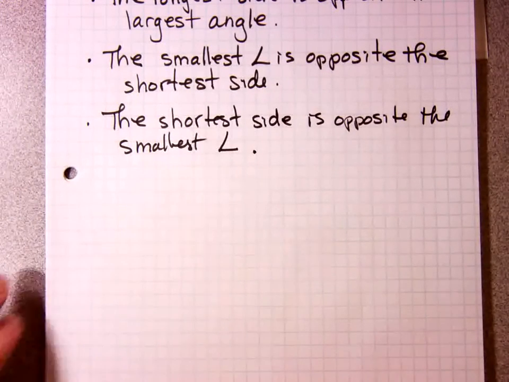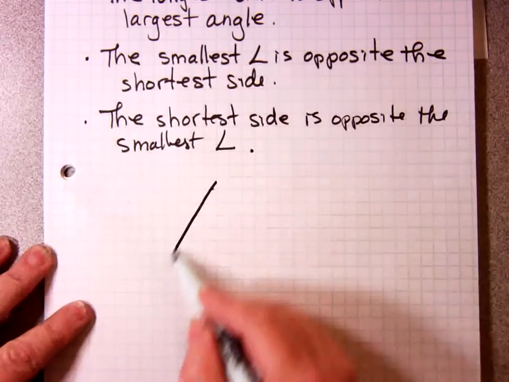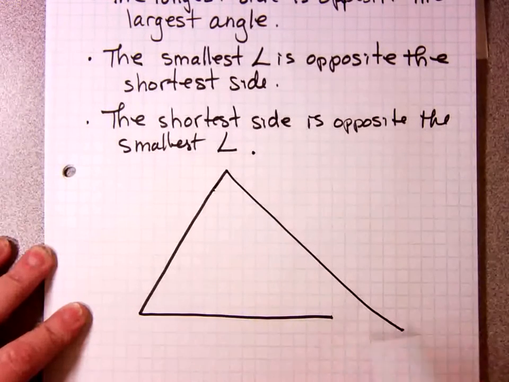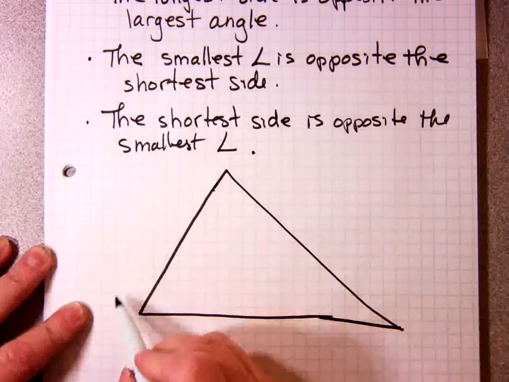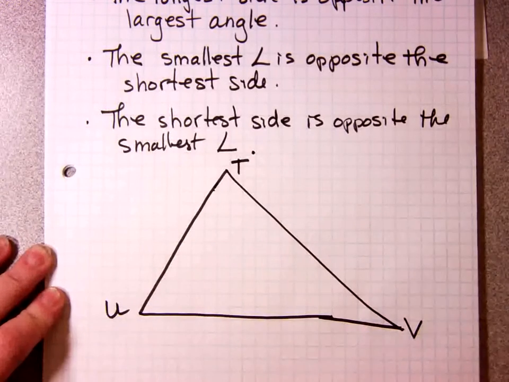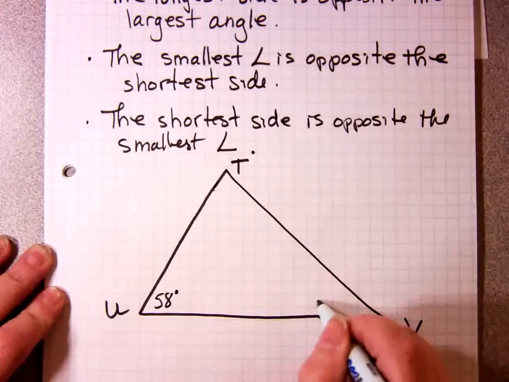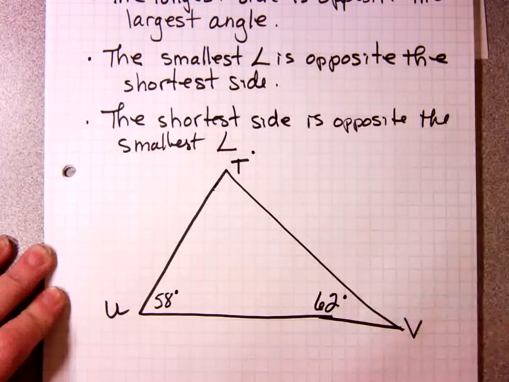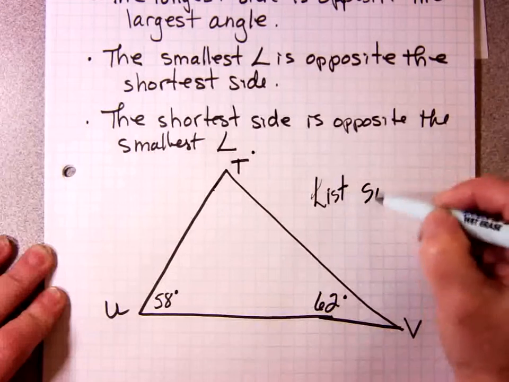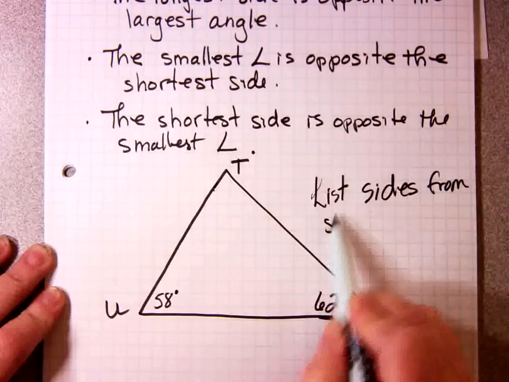So let's just do one quick little example. So this is triangle UTV. This angle is 58. This is 62. And I want you to list the sides from short to long.